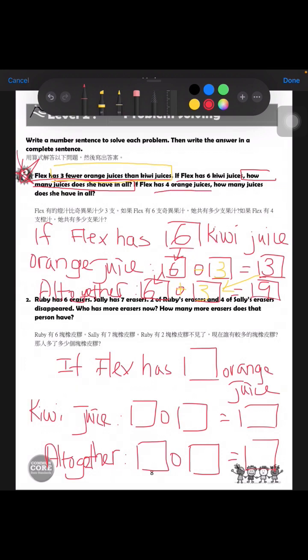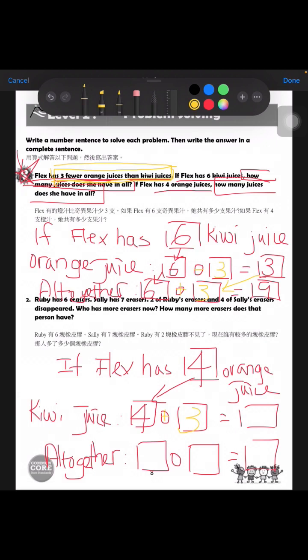How about the next question? If Flex has 4 orange juices, how many juices does she have in all? Let's try. So if Flex has 4 orange juice, how many kiwi juices does she have? So we will use the information we know, which is 4 orange juices, and then plus 3 this time. Because we know that she has 3 fewer orange juices than kiwi juices.